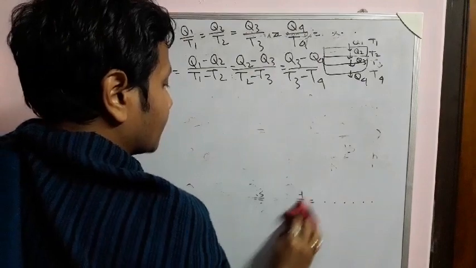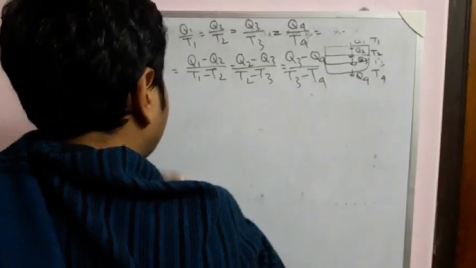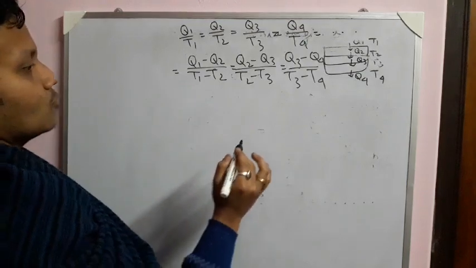Now what is our assumption? Our assumption is that the engines are coupled in such a way that the work done by each engine in every cycle is the same.